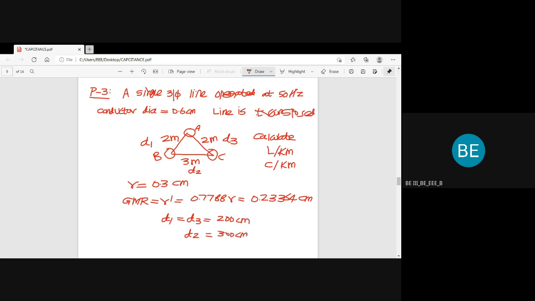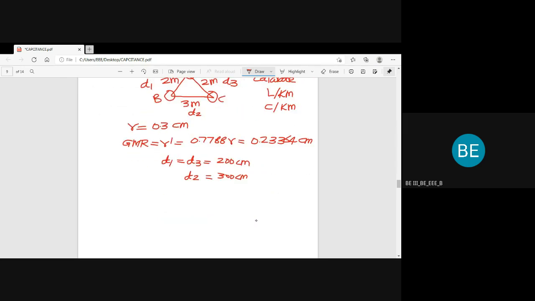First we will calculate inductance. We know the formula for inductance. L will be equal to 2 into 10 power minus 7 ln of Dm by Ds henry per meter.